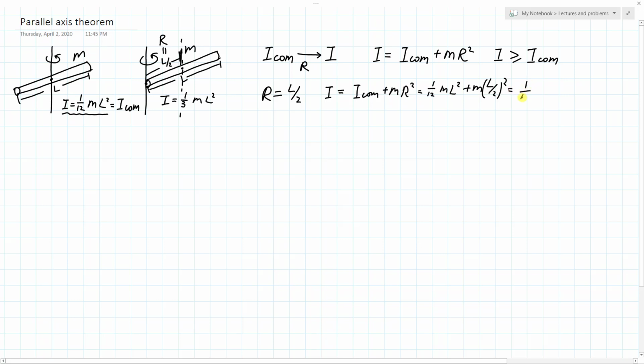So we have 1/12 plus 1/4 ML squared, and 1/4 is 3/12, so 4/12, 1/3 ML squared. So as a matter of fact, you don't really need to memorize this if you already memorized this and the parallel axis theorem, because you can just move your axis to get over here. So let's do just a quick calculation with just a slight variation.